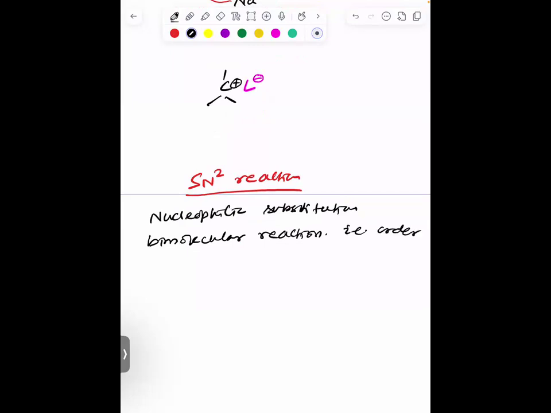That means the order of reaction is 2. Order of reaction is 2.